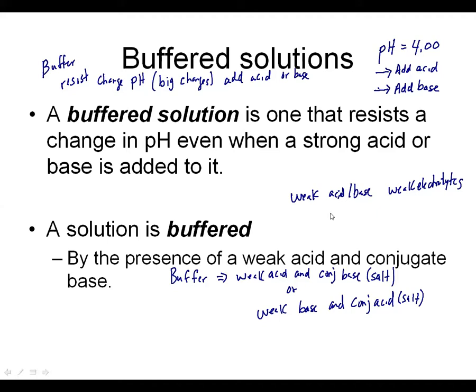So, for example, something like acetic acid, which is the acid that you find in vinegar, is a weak acid and a weak electrolyte. When it is in solution, it will break apart into H plus and acetate. And because this is a reversible reaction, like we talked about, it will eventually set up what we talked about in that one chapter, which was an equilibrium.